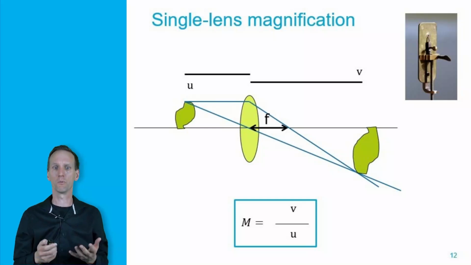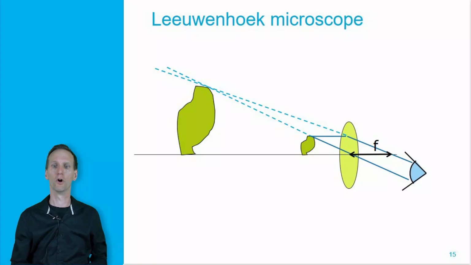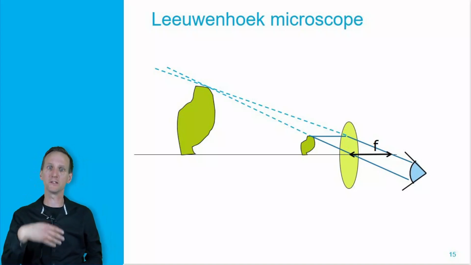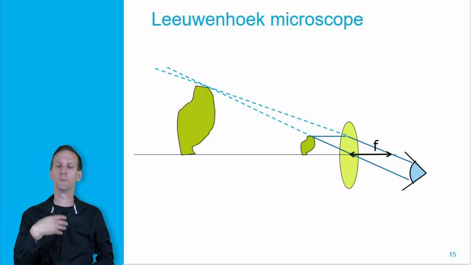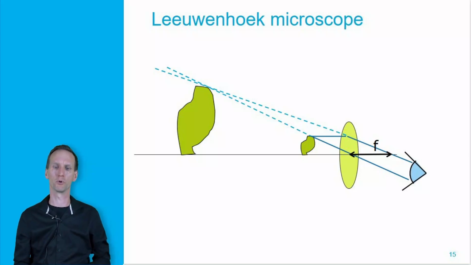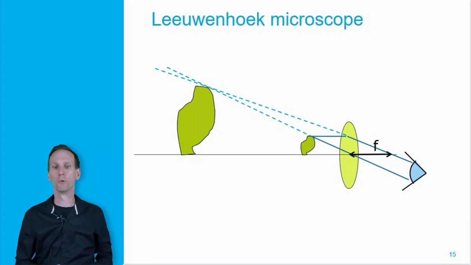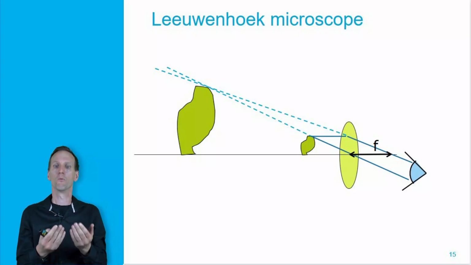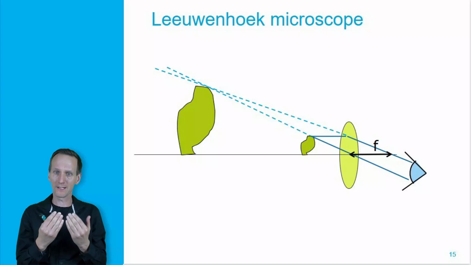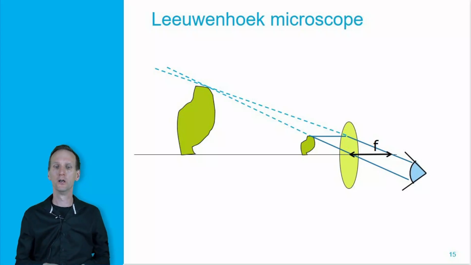However, in practice we are looking at a sample with our eyes, just like in the microscope of van Leeuwenhoek. In this case it works slightly differently, because our eye also has focusing properties. So in this situation of van Leeuwenhoek's microscope, we have the lens system, we look at it through the backside in the picture that you see, depicted in the ray diagram here, and on the other side the sample is placed.